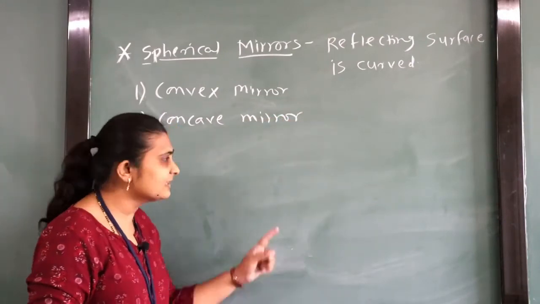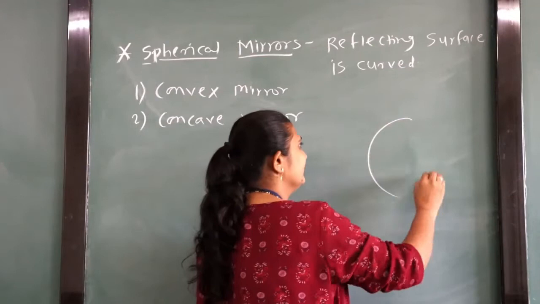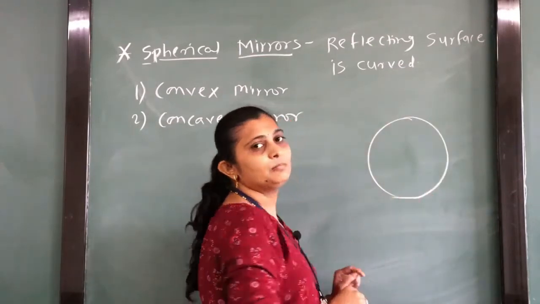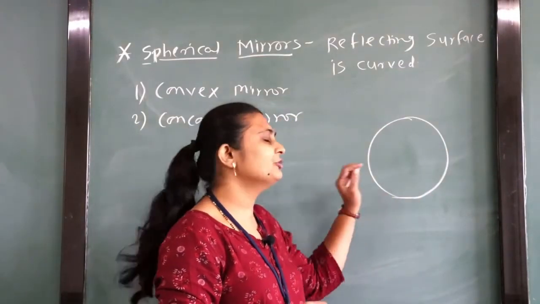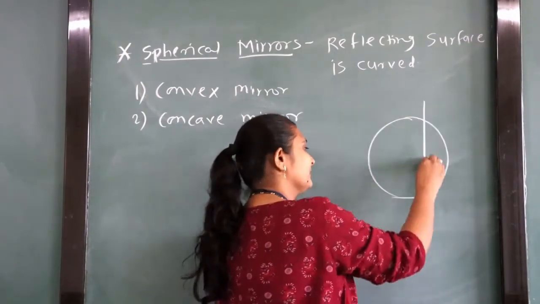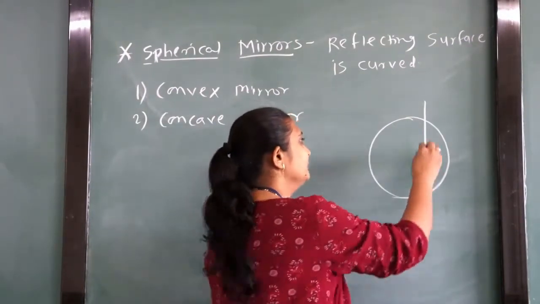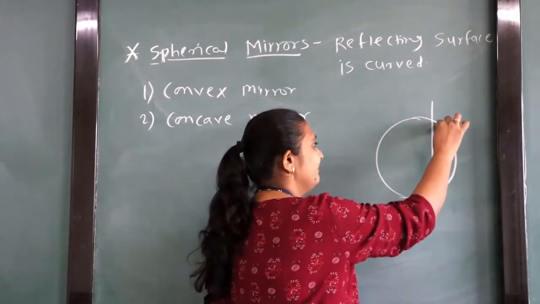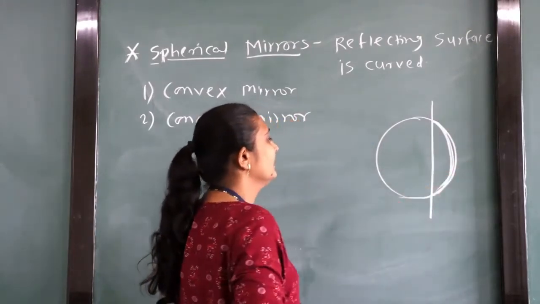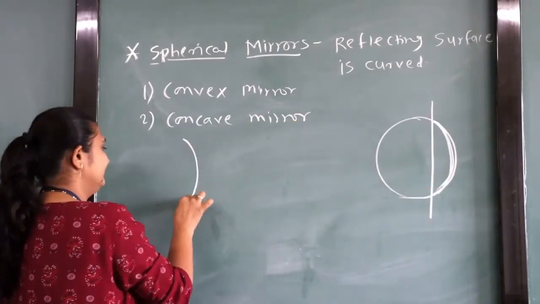Now how are these mirrors obtained? Consider a spherical shell made up of glass, like a football. If you cut this part, you get only this half part. Now we draw this half part.